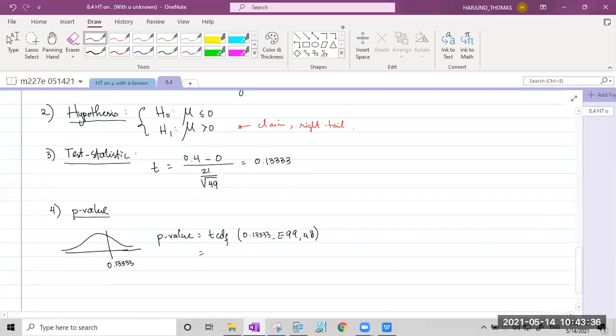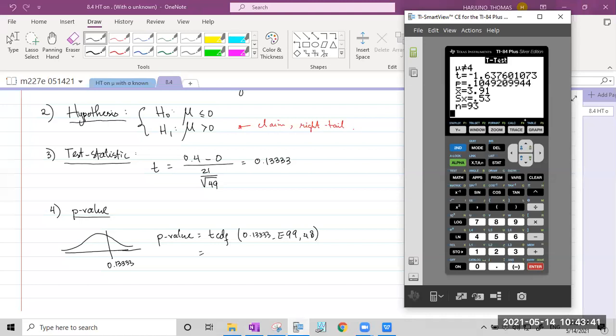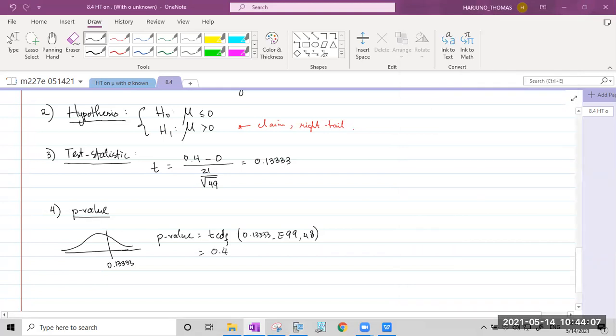Let's grab our calculator. tcdf, 0.133333, and then upper limit E99. You can change it to 10 if you like. 48. The p-value is 0.44724.